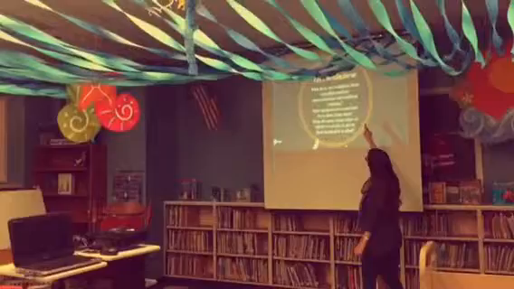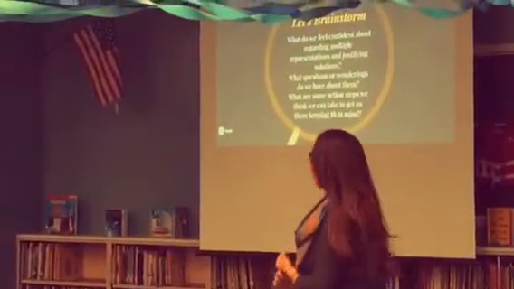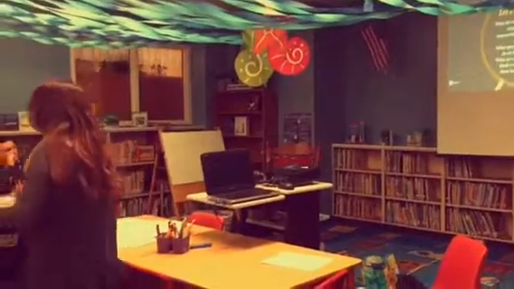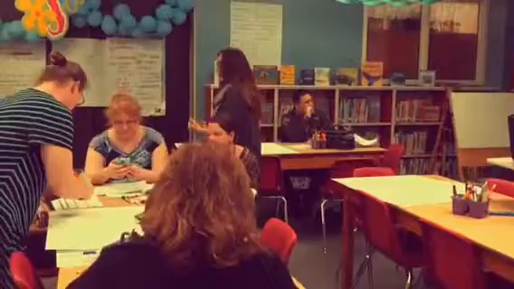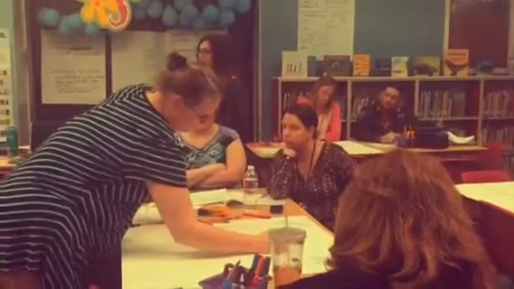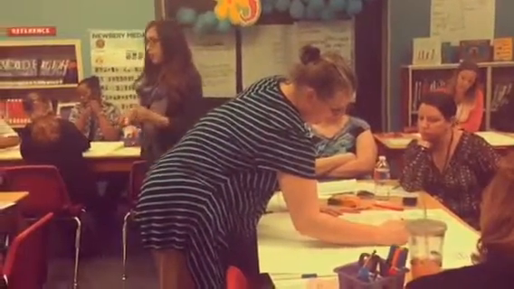So what do we feel confident about regarding multiple representations and justifying logical solutions? What questions or wonderings do we still have about them? And then what ideas do we have for actions that we can take to get us to the level that we need for all of our students to be successful? The direction of our training, as far as multiple representations and justifying solutions, would be: where do you still feel like there's a gap?